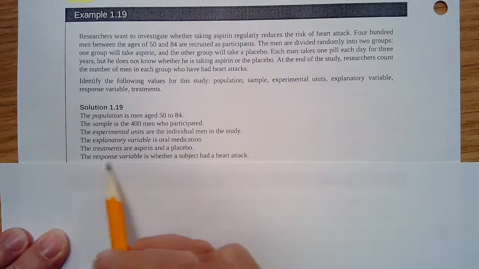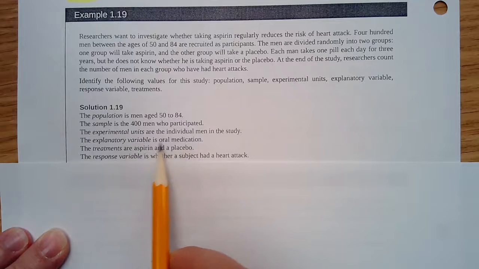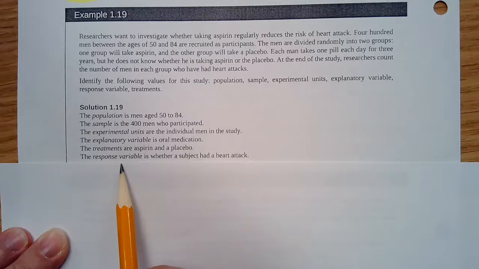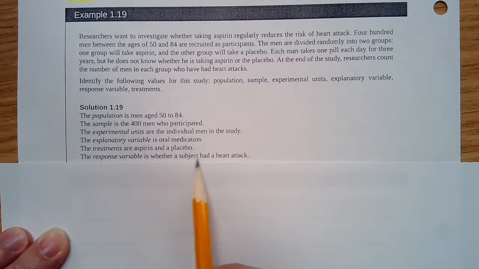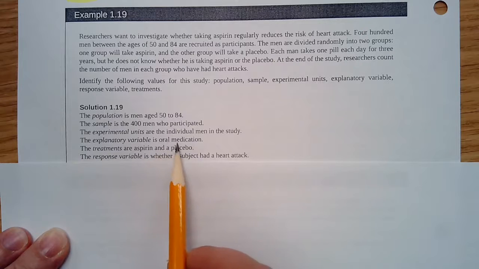So that's what we're measuring. We are manipulating the oral medication with the treatment that's either aspirin or a placebo, and then we're looking at the response variable, to see if taking aspirin actually had an effect on whether or not they suffered a heart attack.